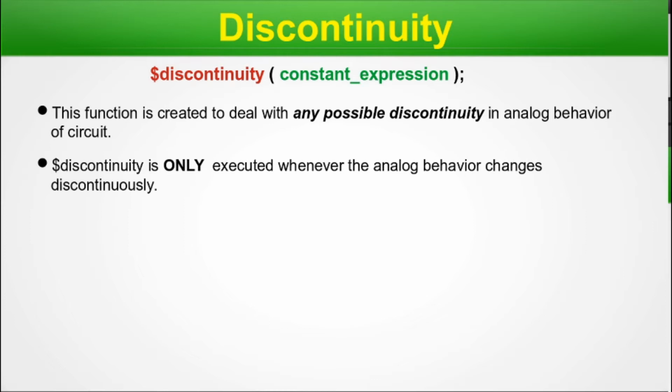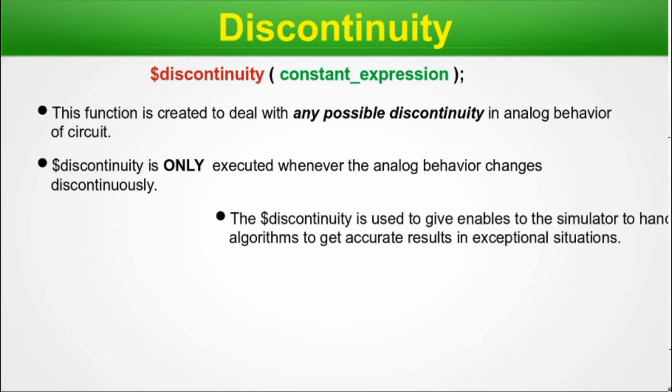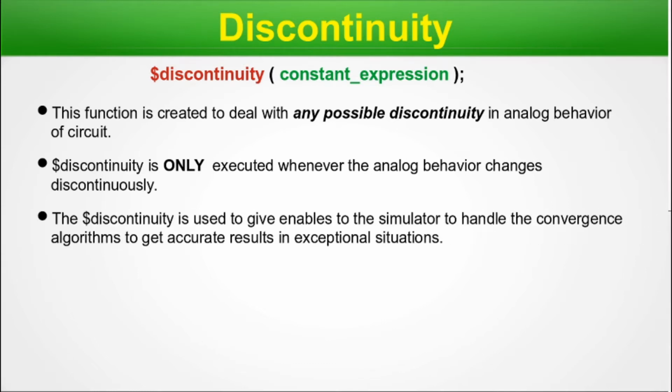As already mentioned, there are continuous changes, at some time point there is a discontinuity, and then at another time point the signal becomes continuous again. So to deal with this situation, the discontinuity is used to give the simulator a handle on the convergence algorithm to get accurate results in exceptional situations.